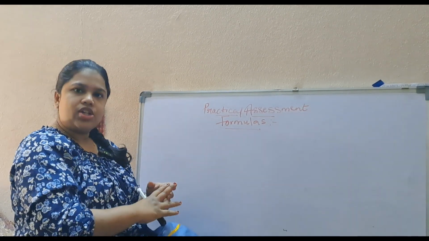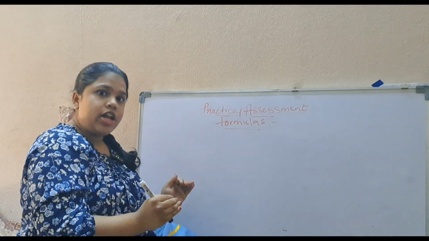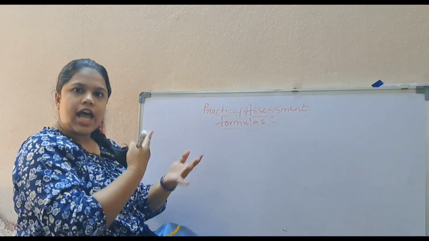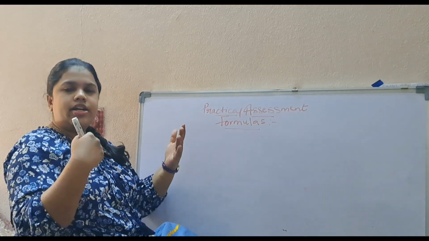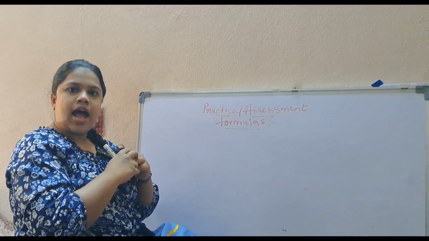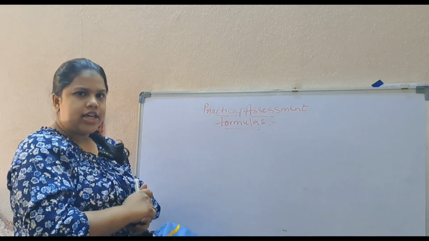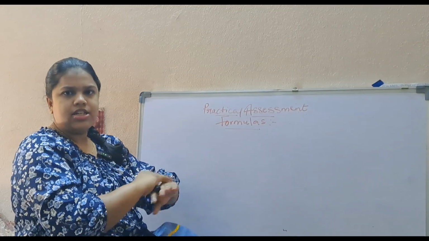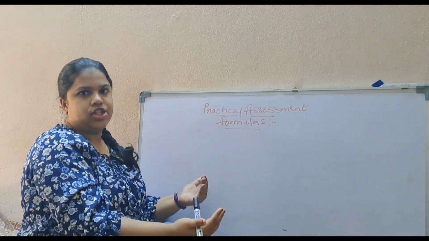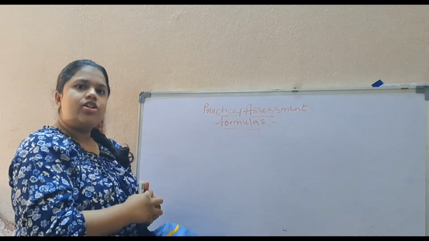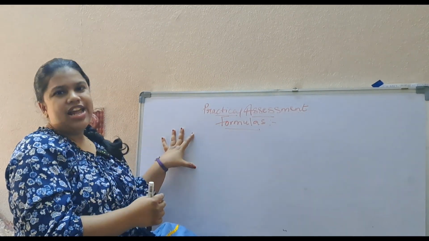We also collect total body information: height, weight, lifestyle, and dietary patterns and habits. Once the pre-assessment is completed, you jump into the calculation part. For that calculation we need formulas, and that is what we are going to learn in this session.